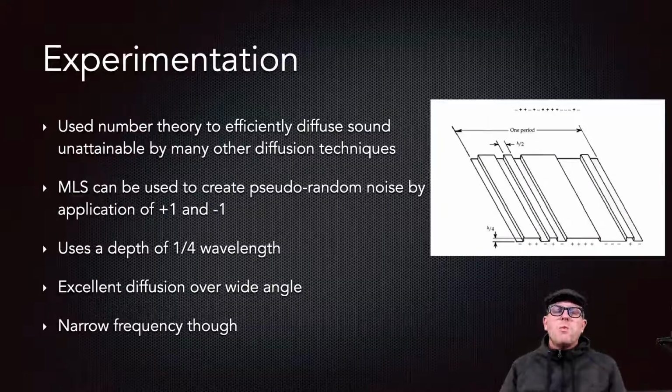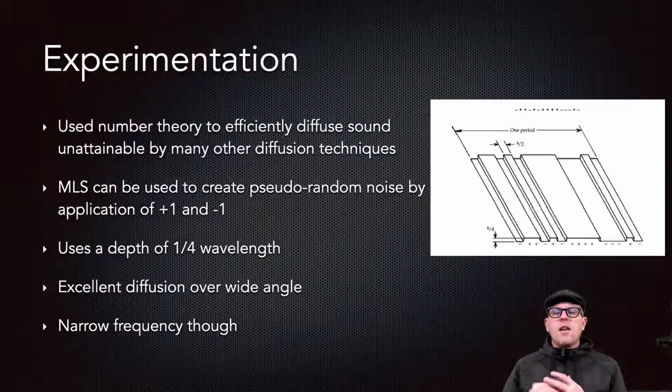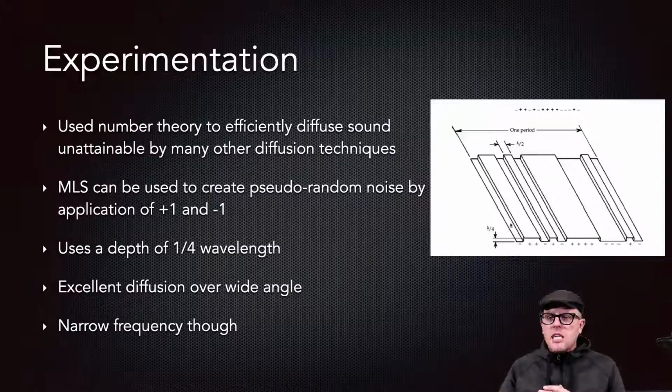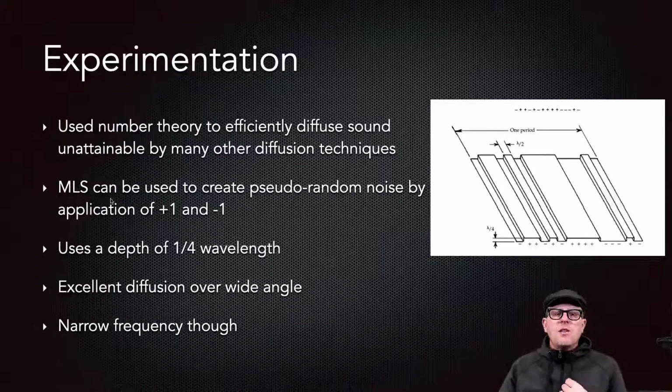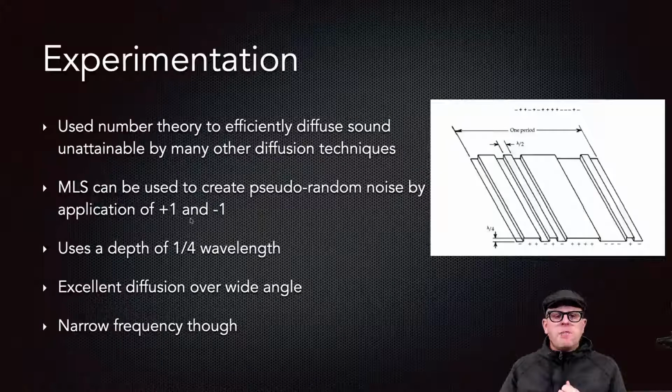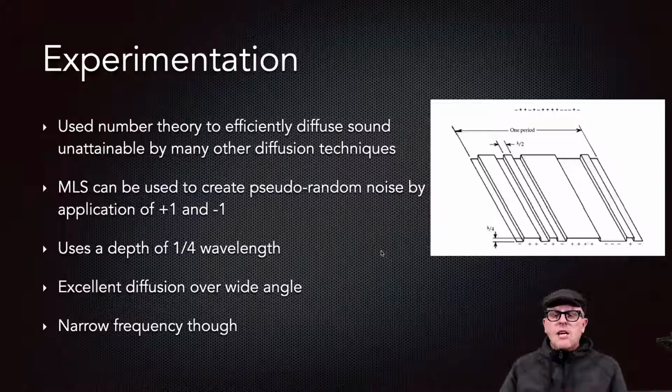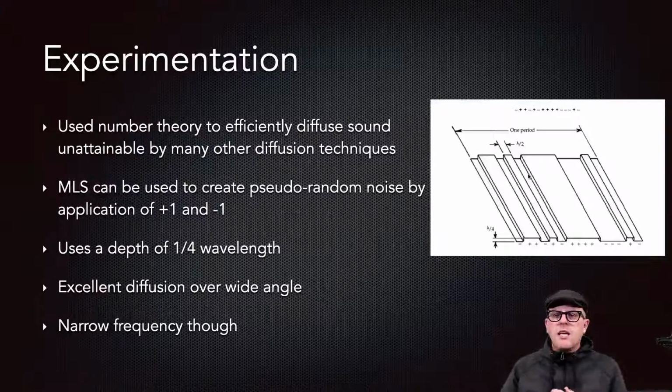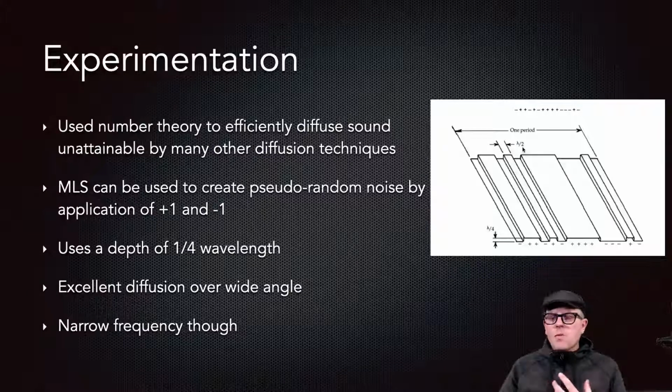The important thing to understand is that Schroeder envisioned this sequence right here, called MLS, maximum length sequence, that can be used to create a pseudo-random noise by application of plus ones and minus ones. He figured this out, and he did this with microwaves at first.